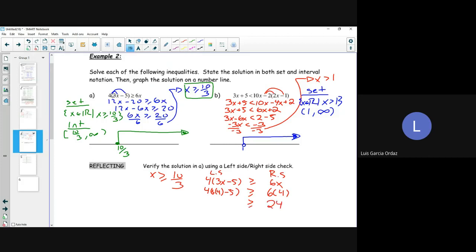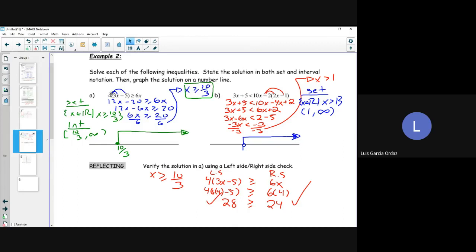And what does the left side simplify to? 28. So we get 28 is greater than or equal to 24, and that is true because on the number line, 28 is to the right of 24, which makes it bigger than 24. Okay? So this is how you would check your answer.